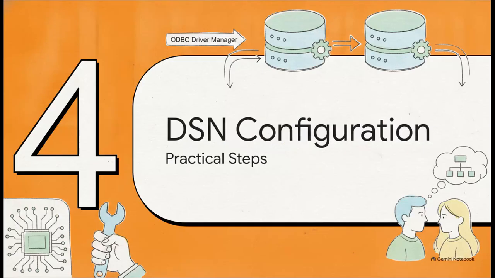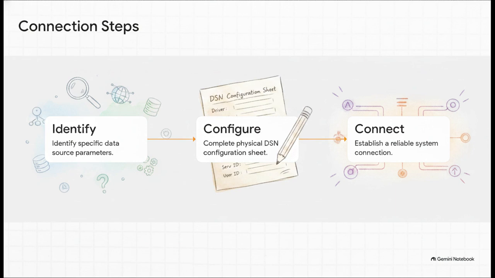Which brings us to Section 4, physical DSN configuration sheets and the practical steps to actually make this happen. Now, to actually apply this architecture in the real world, you've got to move through physical DSN configuration sheets, and it boils down to 3 clear steps. Number 1, identify the specific data source parameters. Number 2, complete the physical DSN configuration sheet.